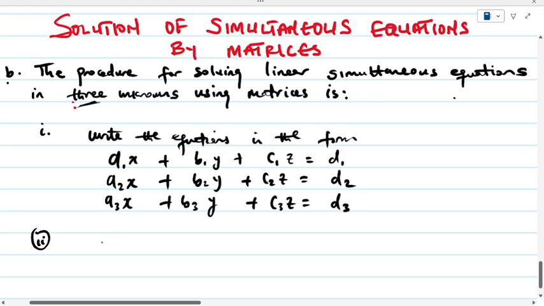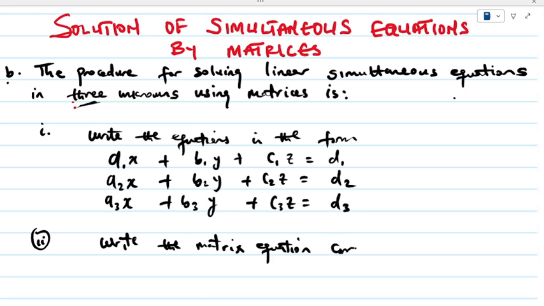So the next is to write the matrix equation corresponding to these equations.